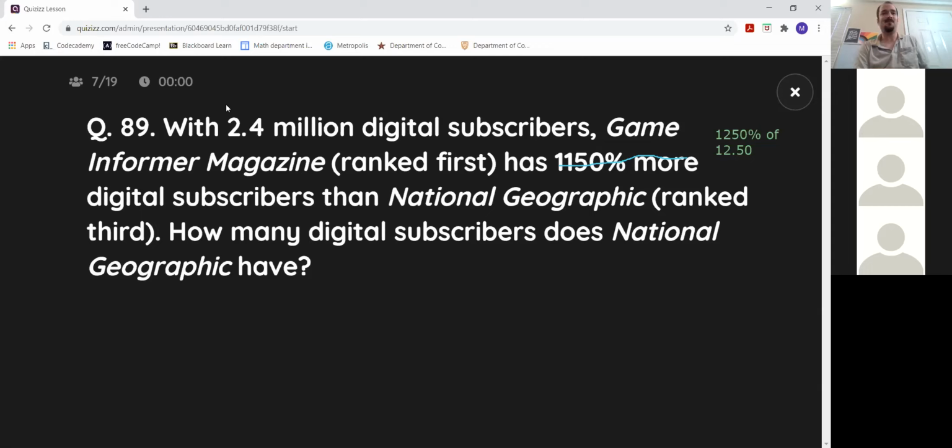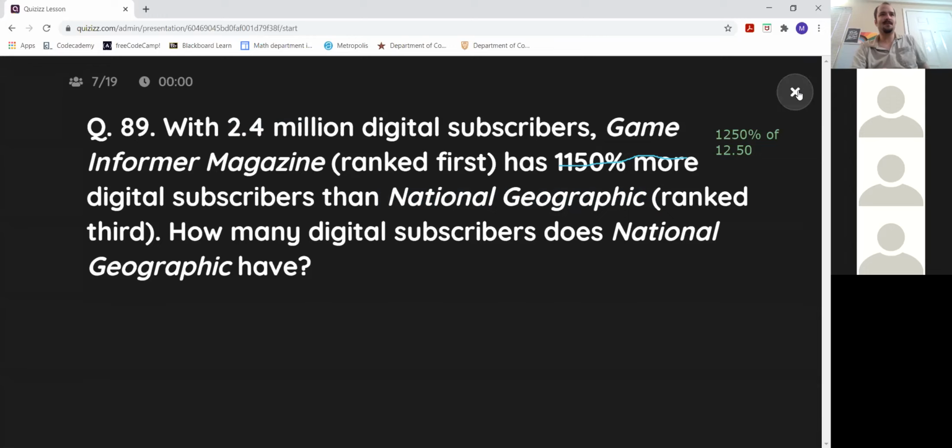Going the other way, the operation is the opposite, and that's not multiplication. The inverse of multiplication is division. So if you take 2.4 and divide it by 12.5, I think that's what we're doing here.